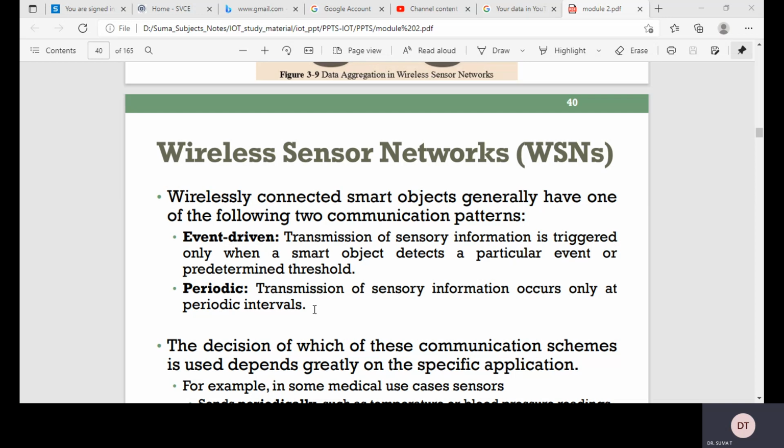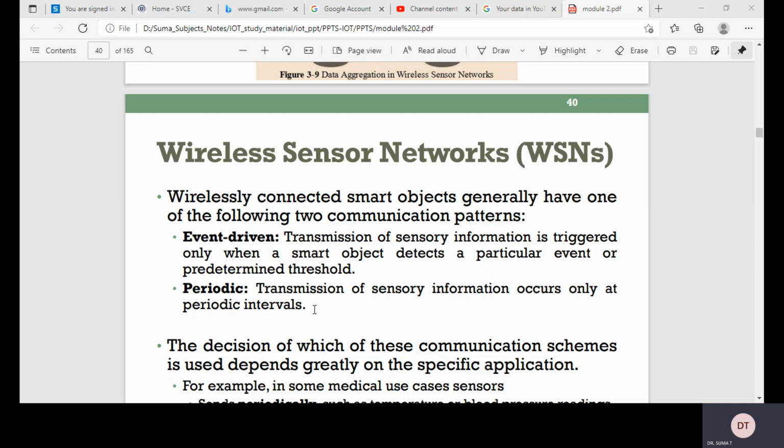One is event driven, the other one is periodic. With event driven, transmission of sensory information is triggered only when a smart object detects a particular event or predetermined threshold value, right? And periodic communication is where sensory information is sent only at periodic intervals. That is, it may be on an hourly, daily, weekly, or monthly basis, right?